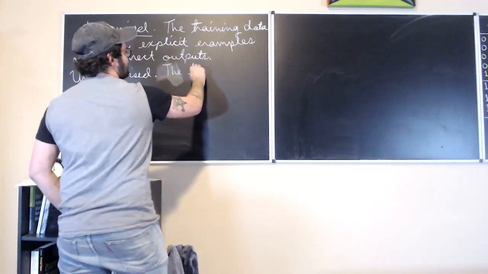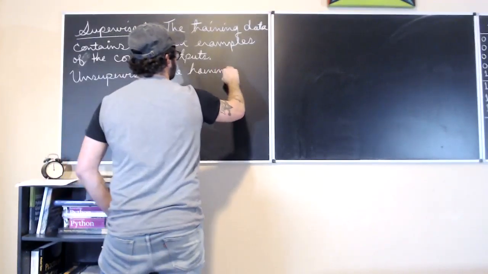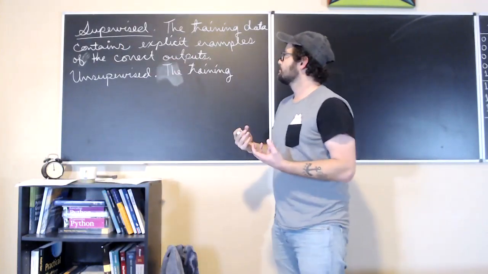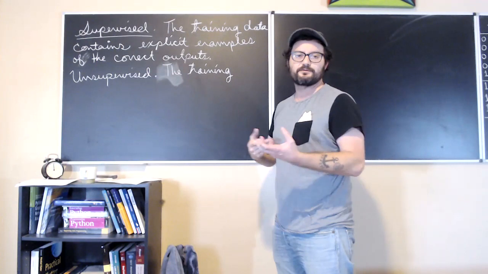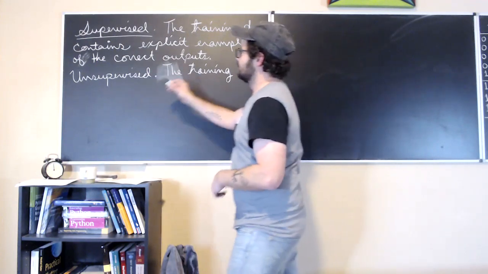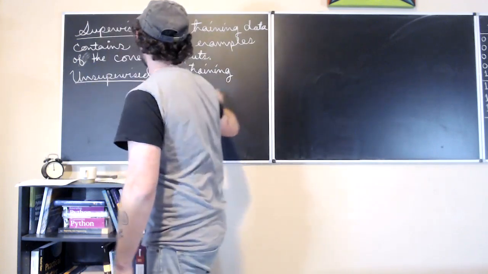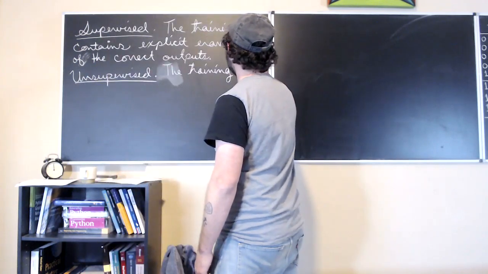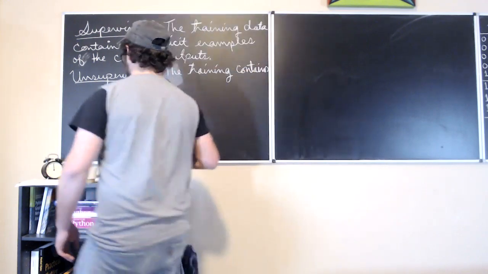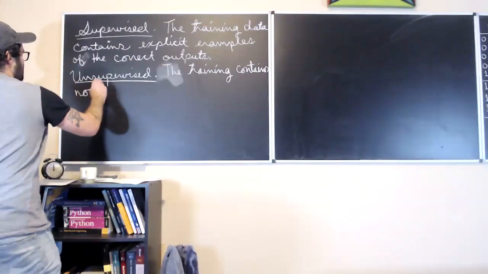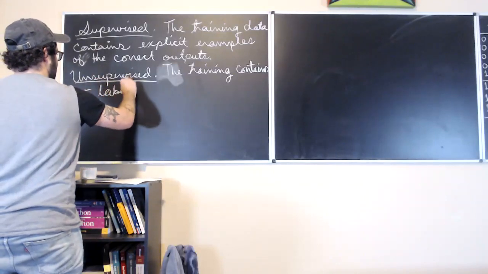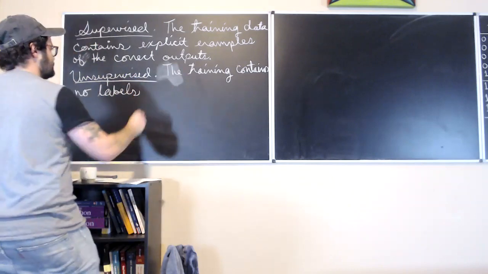The training data, and when I say training data, I mean the D from last lecture, the collection of all data that we own, contains no labels for the output.